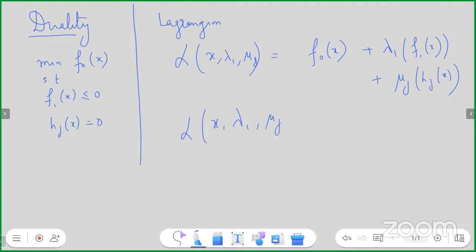I could technically just write it as just this. And if I were to minimize this with respect to x, what do I want to show? I want to show that this is this way or that way. I want to connect it to the optimal answer. And that is my f0 of x star.